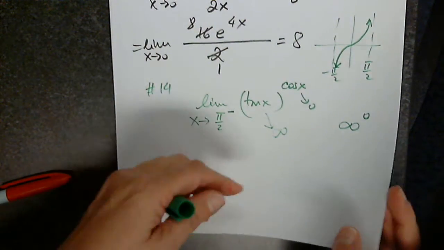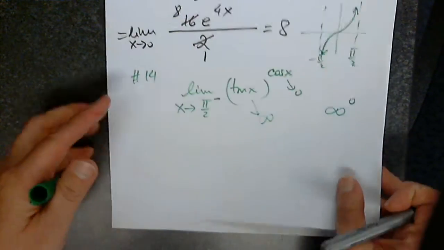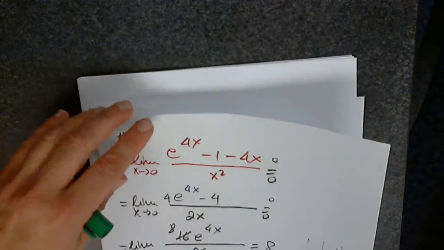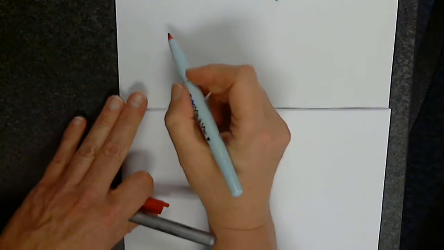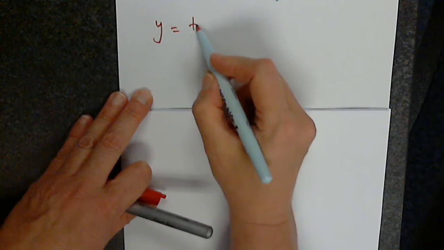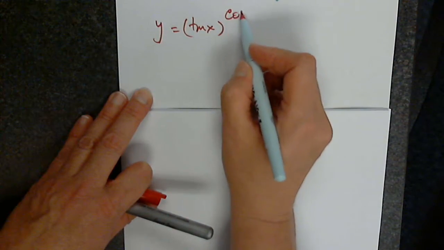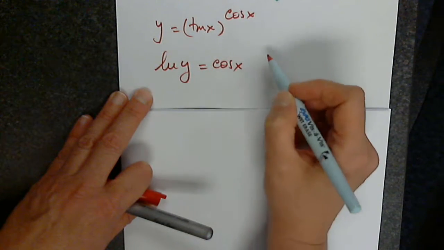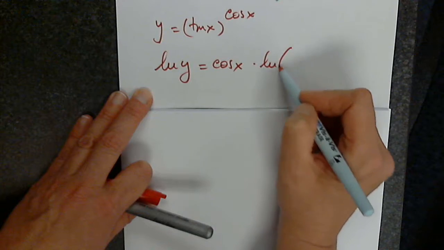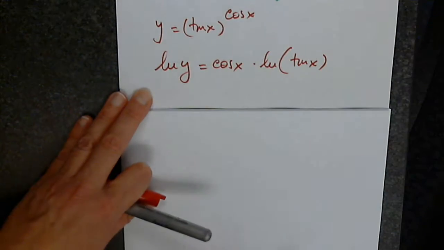Natural log. Exactly. I will say y equals tangent x raised to cosine x, so natural log y equals cosine x times natural log tangent x.